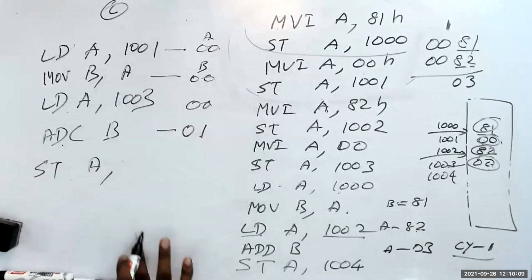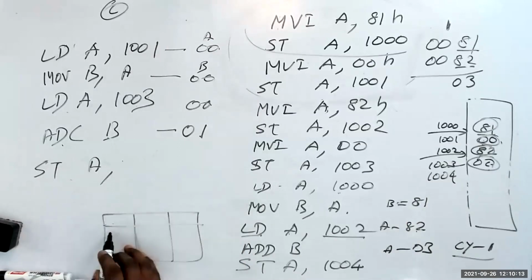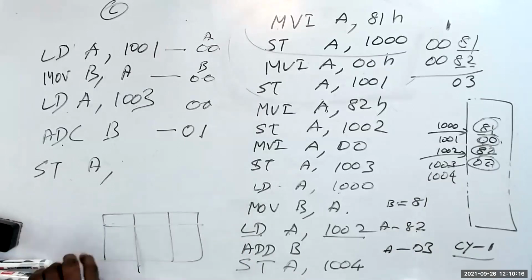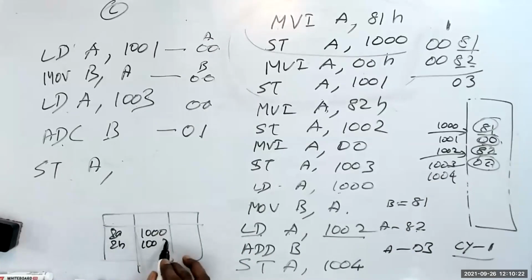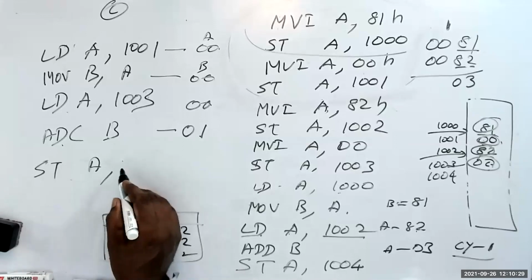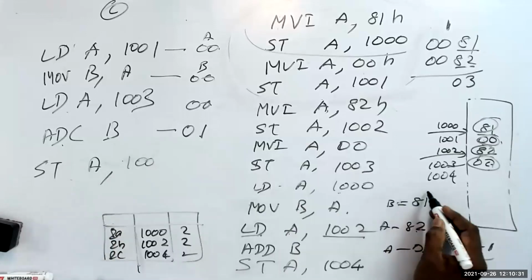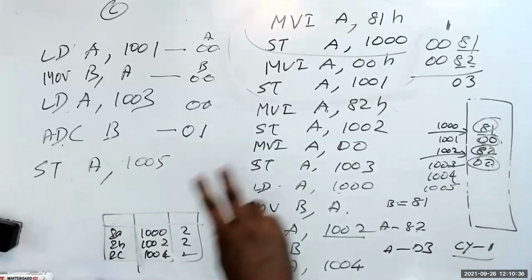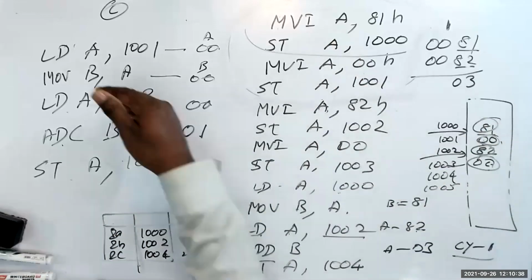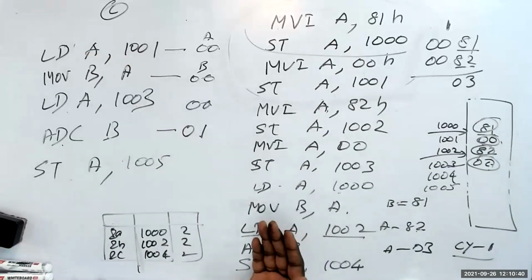The table has to be in your mind. This table has to be understood. A is 1000, and B is 1002, and C is 1004, because you allocate everything 2 bytes. Now store accumulator into 1005. See that? I added here the low bytes. Here I added the high byte. Okay.